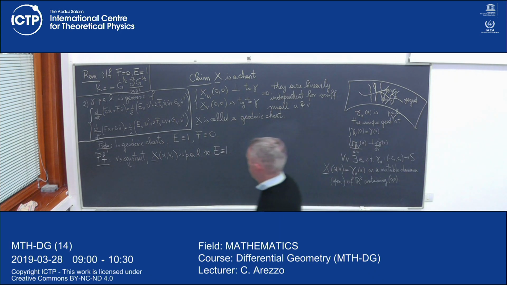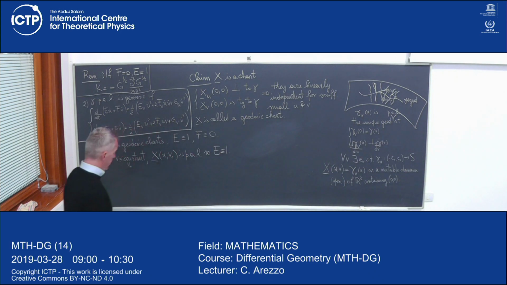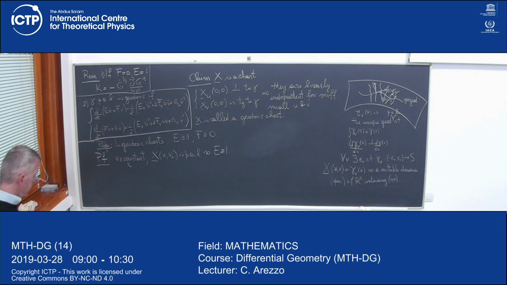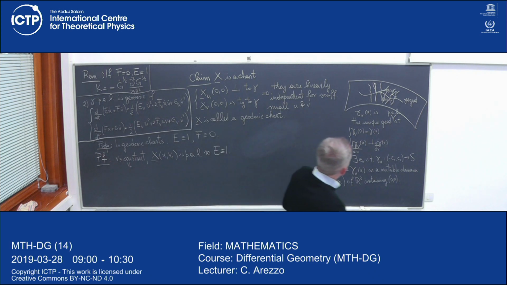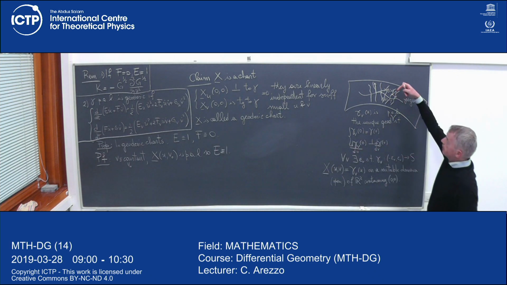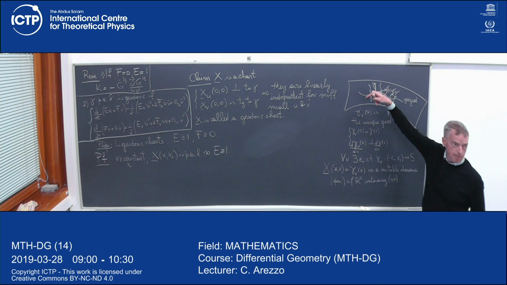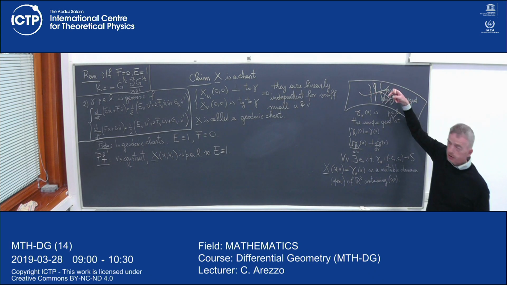Let's go for F. How do we compute F? Now, F certainly is equal to 0 along the curve gamma, because F is what? Is the scalar product between xu and xv.